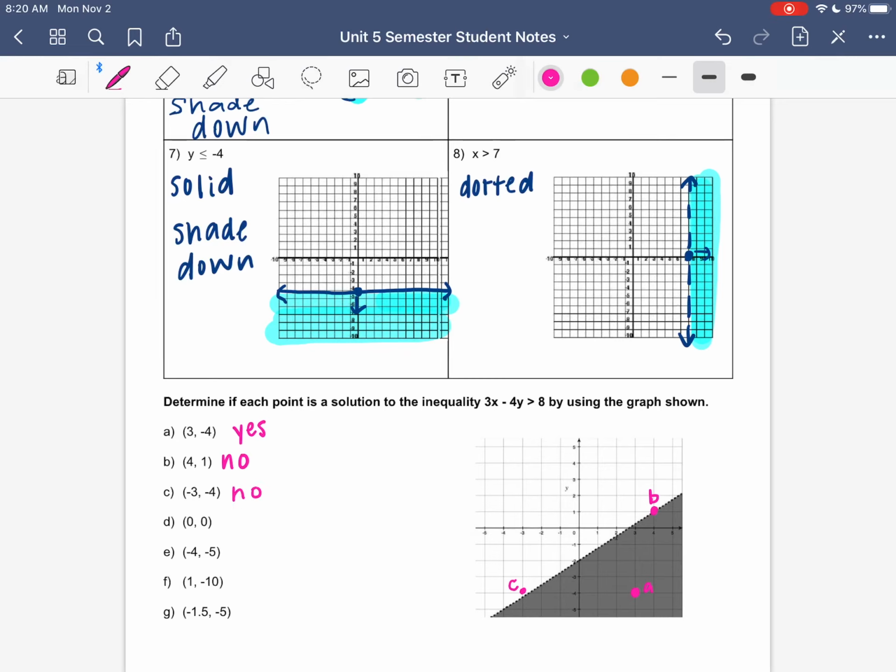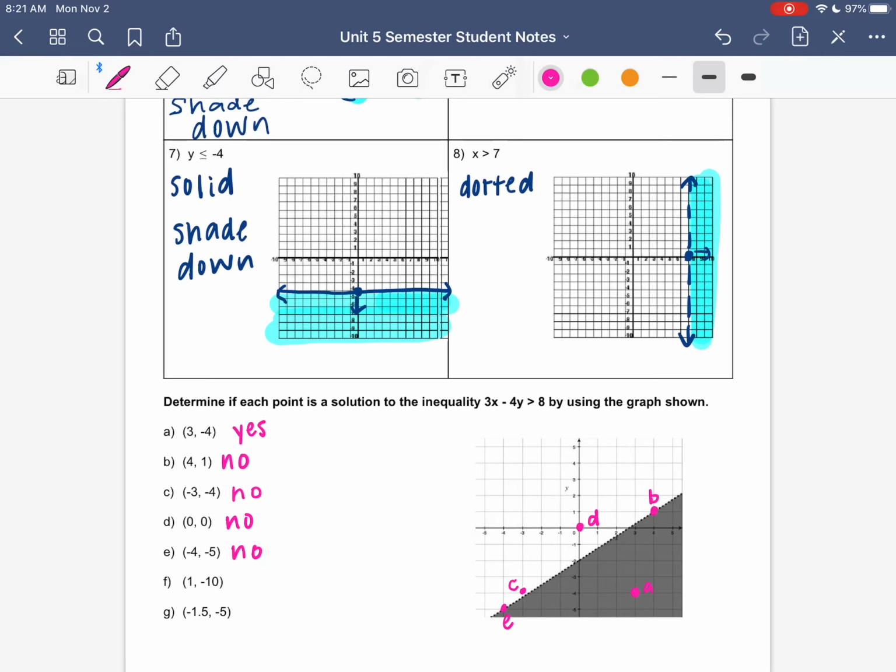And now you try the rest, pause, decide if those are solutions or not, and then we'll check them together. So the point 0, 0 is not a solution, not in our shaded region. -4, -5, point E is going to be right on the dotted line, which is not included.